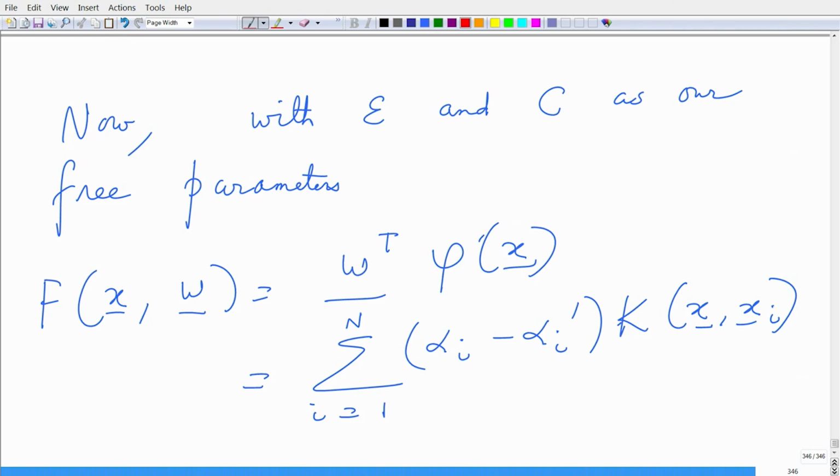The only free parameters in this setup are epsilon and this constant C, which is used as a scale towards the summation of the slack variables. Epsilon and C are not optimized, they are free parameters.